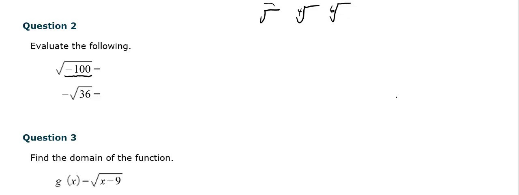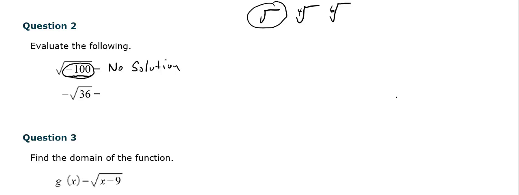Because let's talk about square roots for a second. Square root means what value multiplied times itself gives you the radicand. You can't multiply a number times itself to get a negative value. So for this, there's no solution.